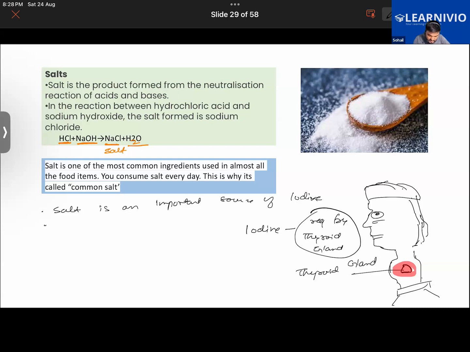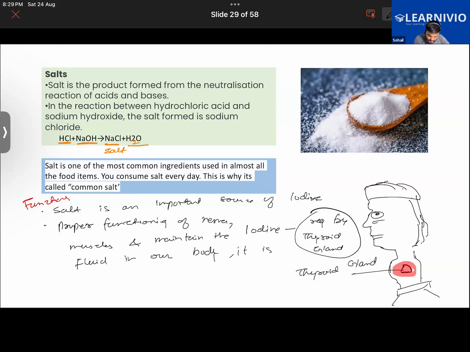Furthermore, talking about some other functions: proper functioning of nerves, muscles, and maintaining the fluid content in our body. It is important for our body.